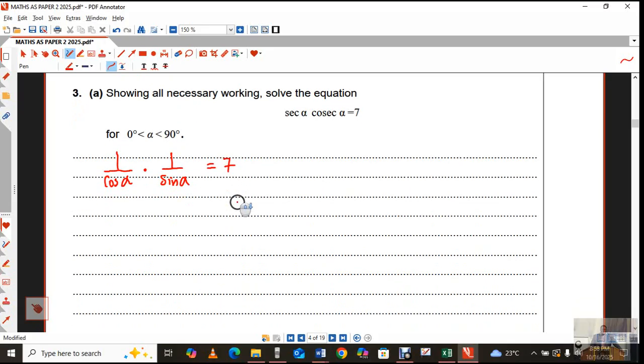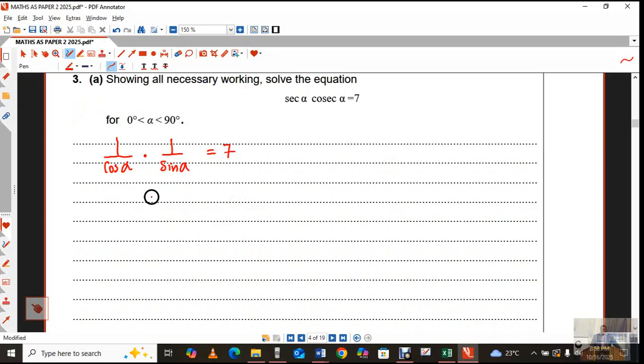Right, let's just combine them, because everything can be written over the same denominator, because 1 times 1 is 1. And then here I have cos alpha sine alpha, and that equals 7. I can go ahead and put that 7 over 1 if I want to. So what this means is that if I take a reciprocal of both sides, I'm going to have cos alpha sine alpha equal to 1 over 7.